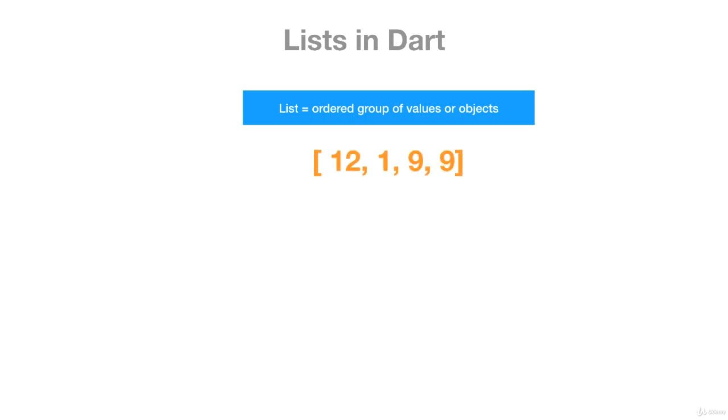A good example would be, for instance, we have here inside of these square brackets 12, comma, 1, 9, and 9. So this would be considered a list, or secretly an array, if you're coming from a different language, but that's not a problem. And the interesting thing here is that when we create lists, they have to contain the same type.